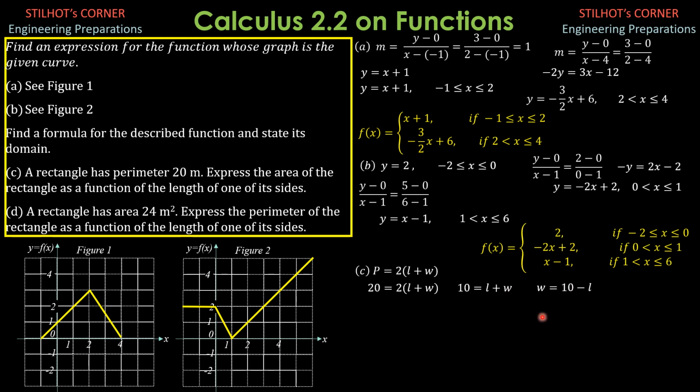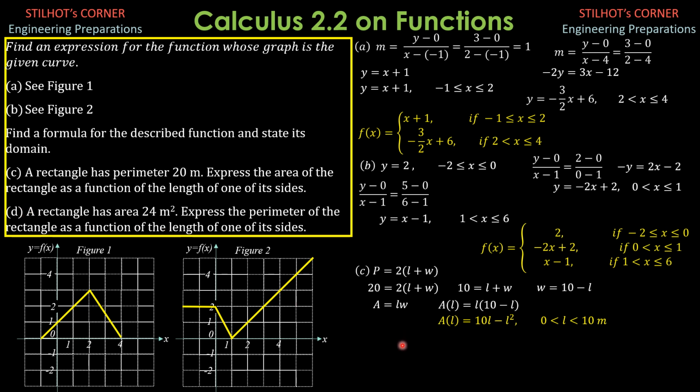So W is 10 minus L. Therefore, since area is length times width, area as a function of L is L times quantity 10 minus L, or 10L minus L squared, with domain 0 less than L and L less than 10 meters. So that's it for part C.